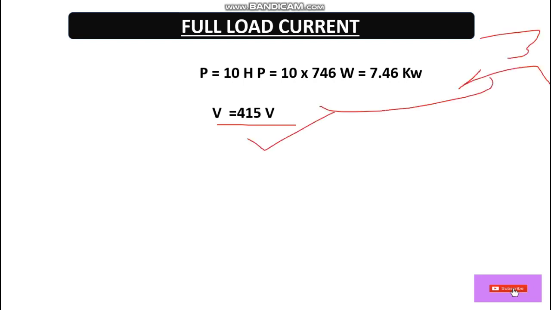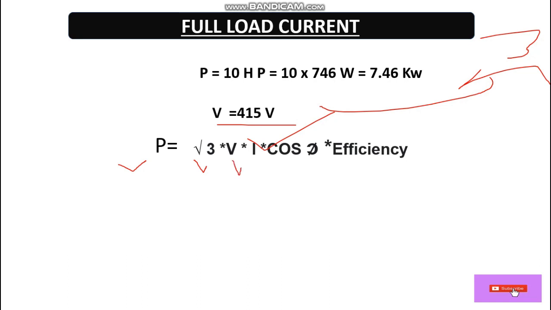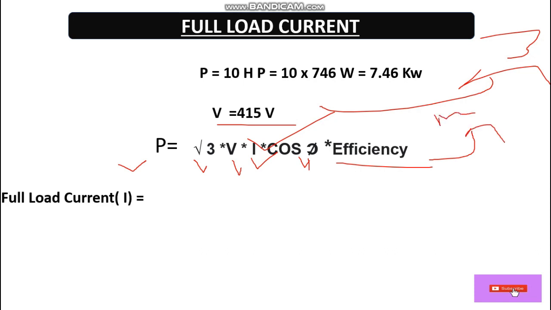This is the formula we are going to use to calculate the full load current: root 3 V I cos phi is the power, where cos phi is the power factor and efficiency is the efficiency of the motor. So to calculate the current, power divided by root 3 V cos phi and efficiency of the motor. Let's put in the values of all these parameters.